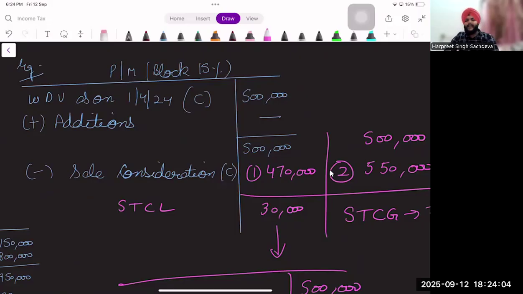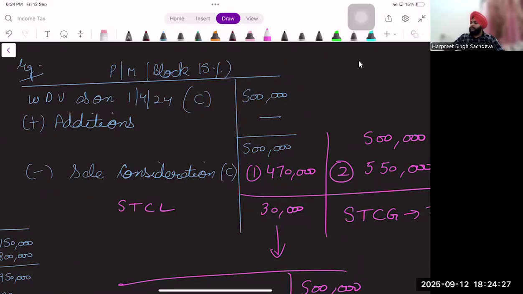Does there exist any asset in the block now? Is there any remaining asset in that block then? Very good, Janvi. Very good, Sanya, Ritika.